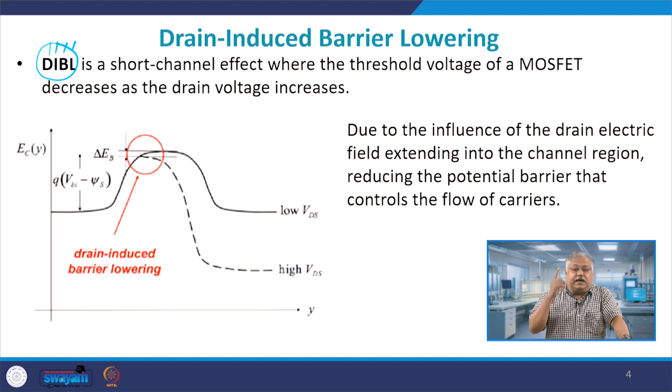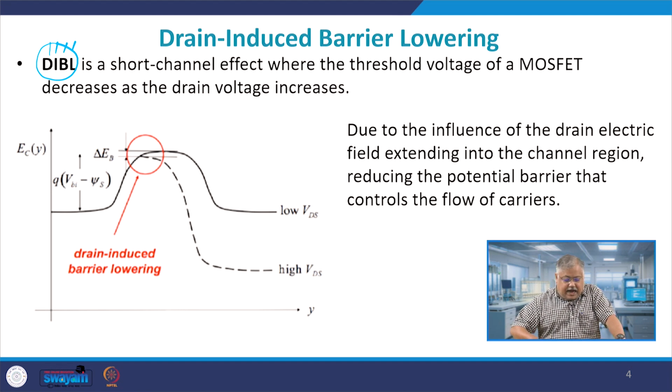Remember, in the previous class we discussed that when VDS equals 3 volts, my threshold voltage roll off was much higher as compared to when VDS equals 0.1 volts. So, when you are in the saturation region of operation, your roll offs are much higher as compared to when you are in the linear region of operation, and this is the reason you can also understand.